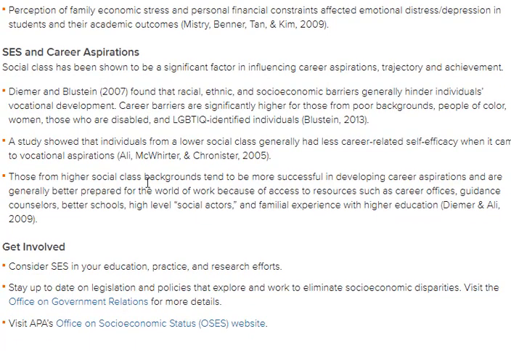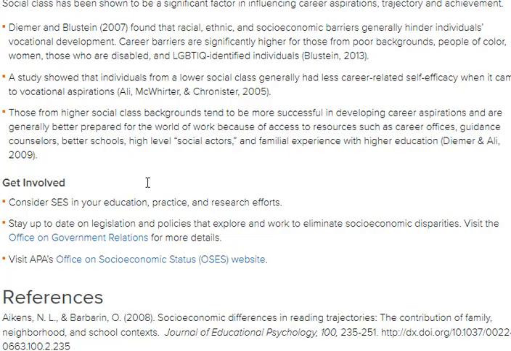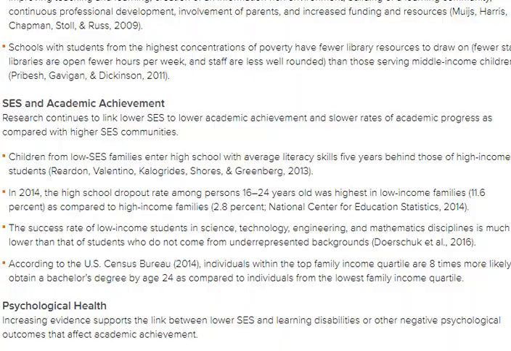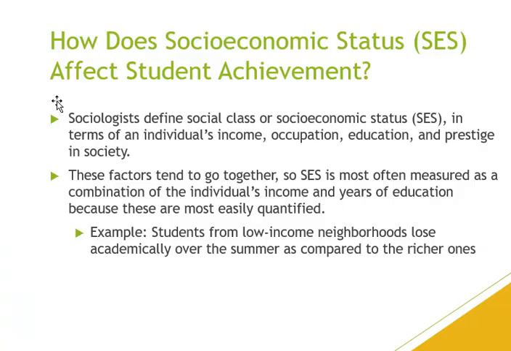What are their aspirations? Do they want to be doctors? Do they want to be scientists? Do they want to be lawyers? People who have higher, better socioeconomic backgrounds in terms of education are more likely to have higher aspirations in terms of what their learning is. It's a tremendous advantage or disadvantage that people could have based on this idea of socioeconomic status.